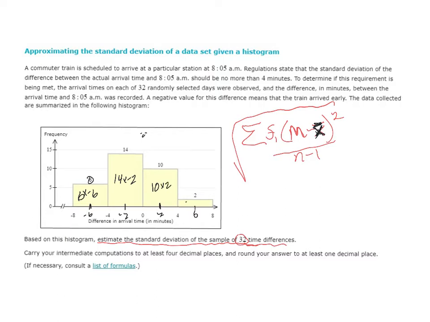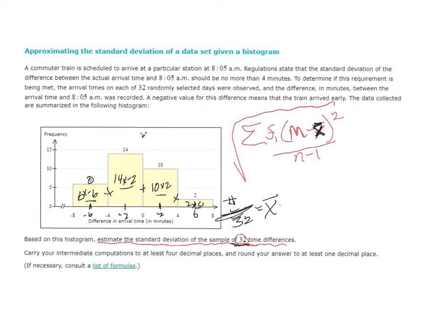And this one is 2 times 6. So I'm going to multiply all these together, then add them together, and then divide by the total number in there, which is 32. So I'm going to take that number, whatever that number is, and divide by 32, and that'll give me my x bar. All right, I'm going to do that real quick.